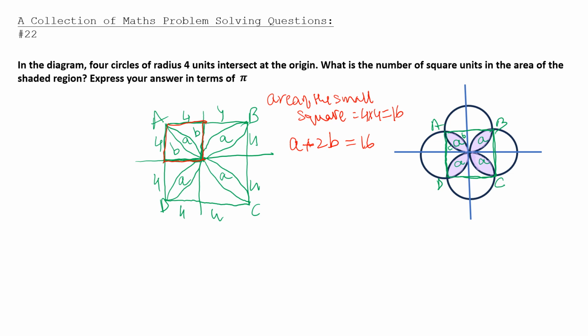Now we have to do the second step. The second step is this: in this square, you see this is a quarter of a circle, and also this is the other quarter of a circle.